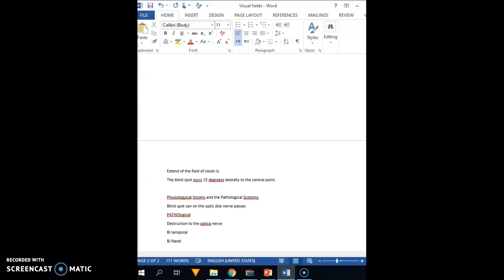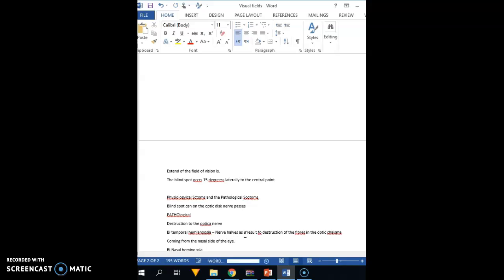hemianopsia. What are bitemporal and binasal hemianopsia? Binasal is when the nasal halves are affected as a result of destruction of the fibers in the optic chiasma coming from the nasal side of the eye.